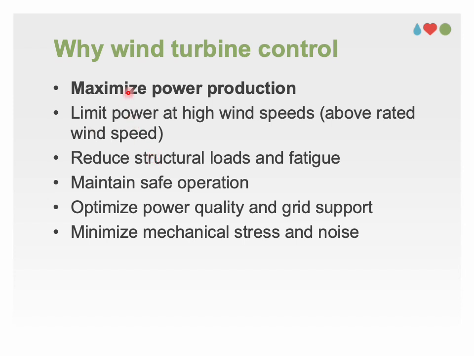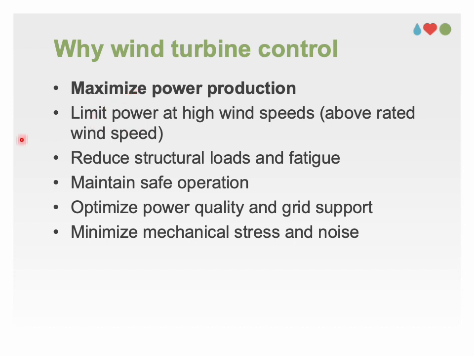Maximizing power production for below rated wind speed: here the controller operates the turbine at the optimal tip-speed ratio and adjusts generator torque and rotor speed so that the turbine extracts as much energy as possible from the wind.